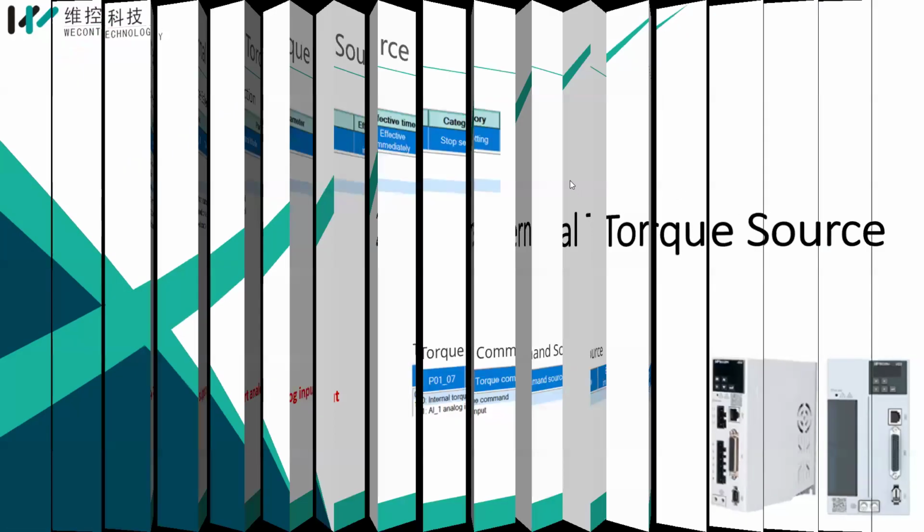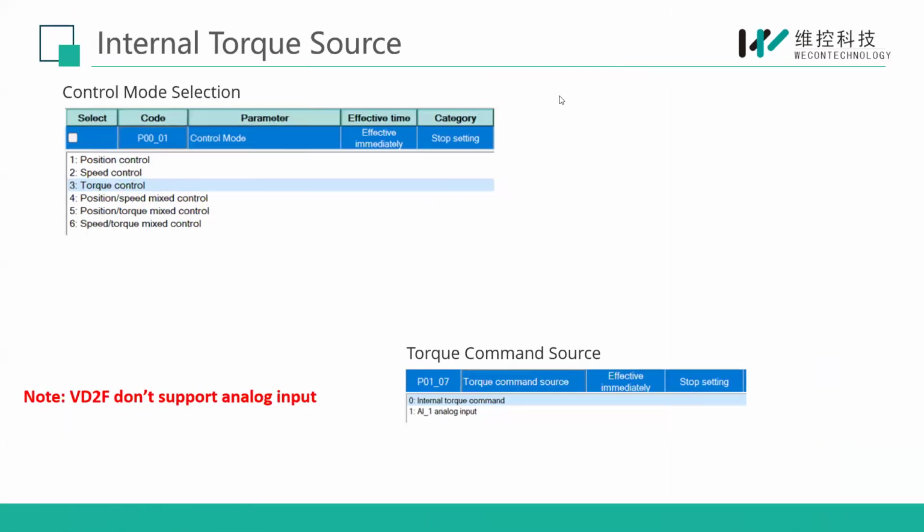Internal torque source. Now I will introduce some parameters about the internal torque source. First, we need to use parameter P0.1 to set torque control. Next we need to set the torque command source.